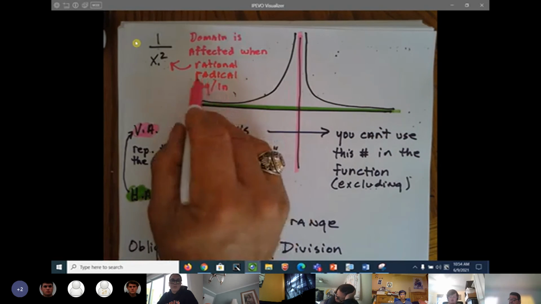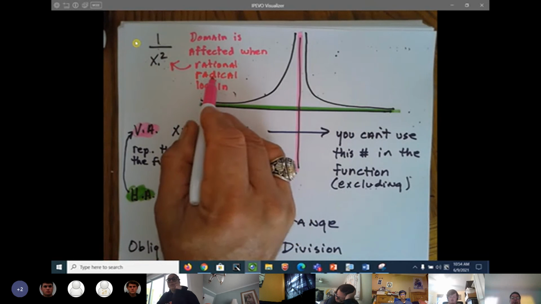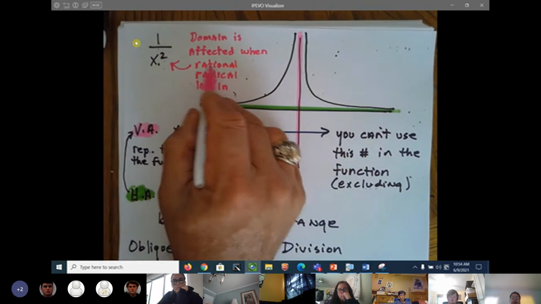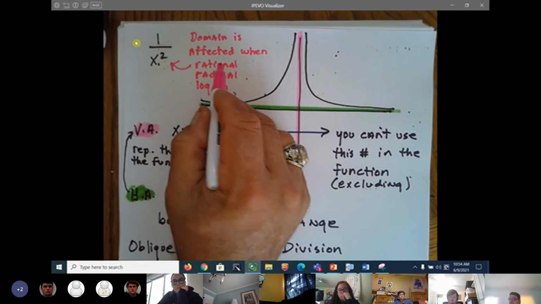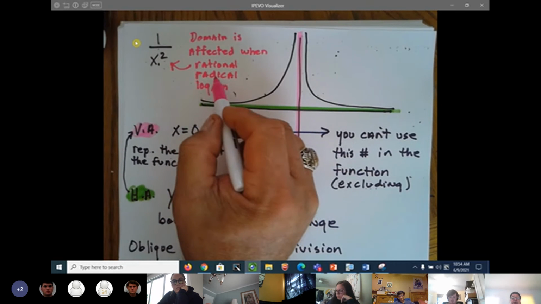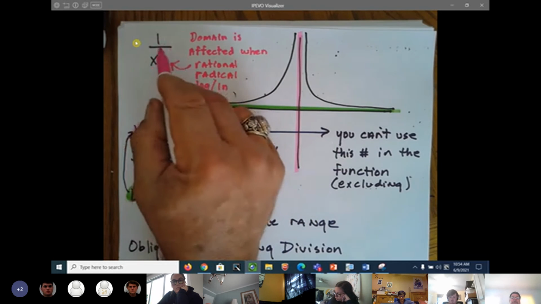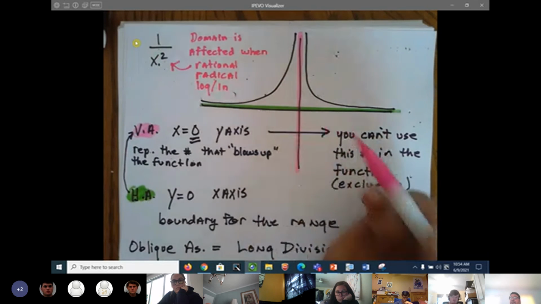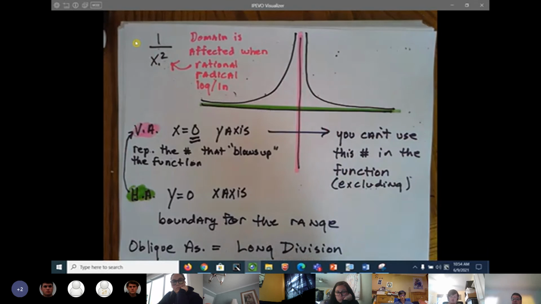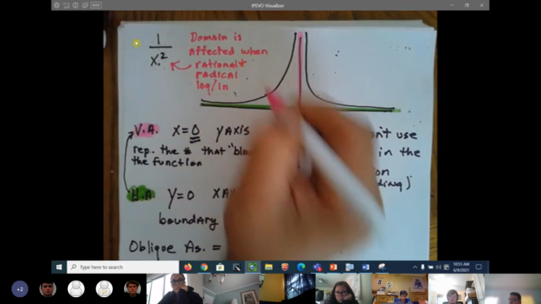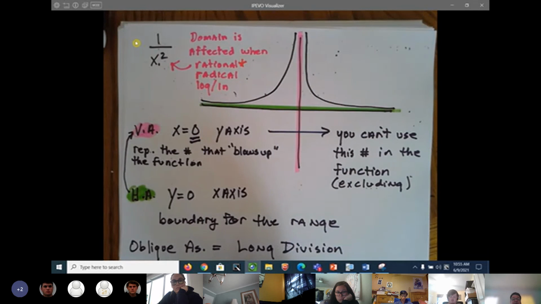You can't take the square root or the fourth root of a negative number. You can't put 0 in the denominator. So the domain is affected with these three things, and since we are dealing with a rational, it's going to have a vertical and horizontal asymptote. Capiche? So we're dealing with these right now. Rational is 6.5, I think.